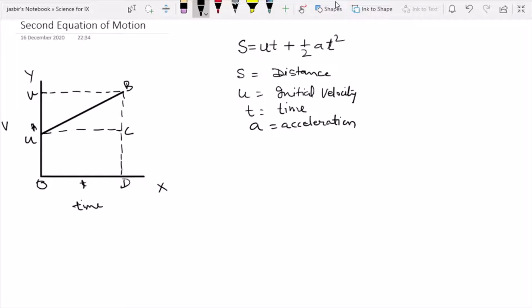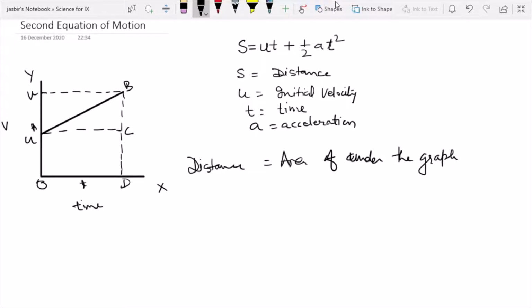So we know that in velocity time graph, the distance traveled by the object is given by the area under the graph in given time t.